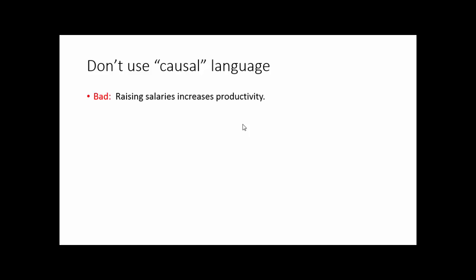For example, I might look at the salaries and productivity in a particular company and discover that raising salaries and productivity go together. Higher salaries go with higher productivity. It would be wrong to say that the raising salaries are the thing that are causing the increase in productivity. That's not correct.